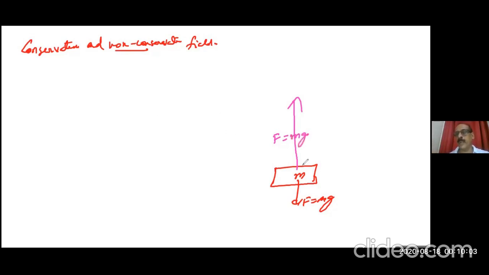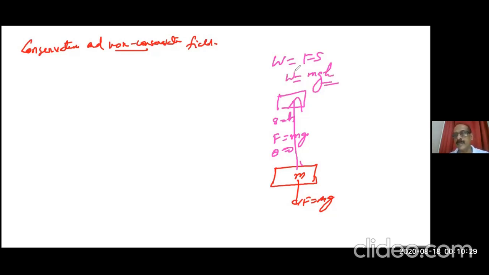An equivalent opposite force you exert, and it can go up without acceleration. Suppose we shifted it to a height s equal to h and theta equal to 0. Now, if you calculate work, W is equal to force into displacement. Force you exerted is mg, displacement is h, isn't it? mgh. This is the work done.